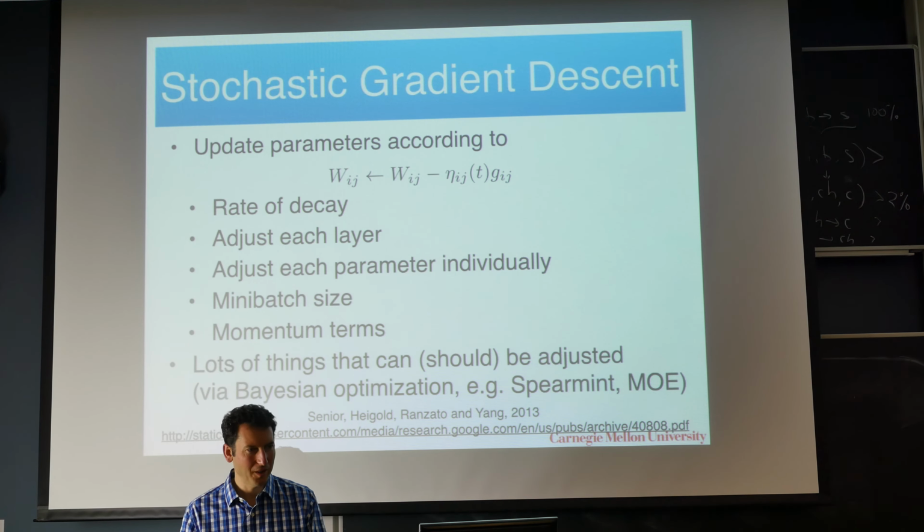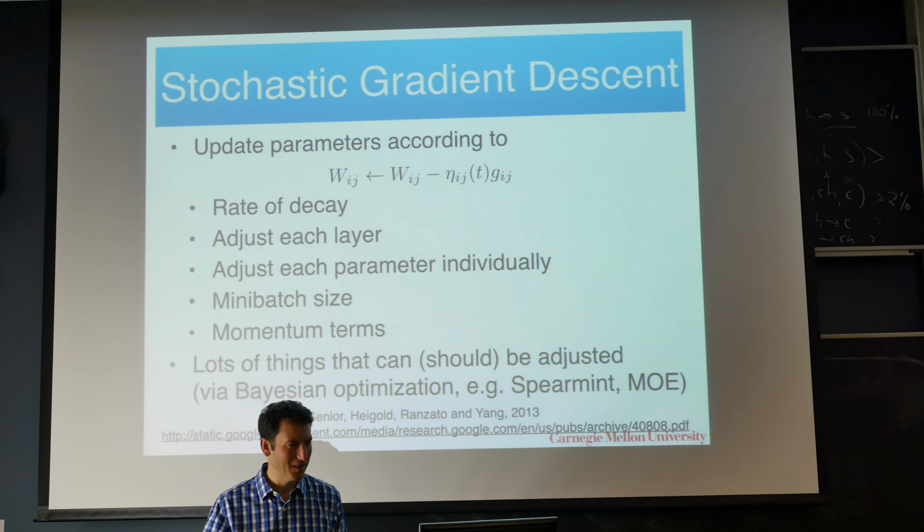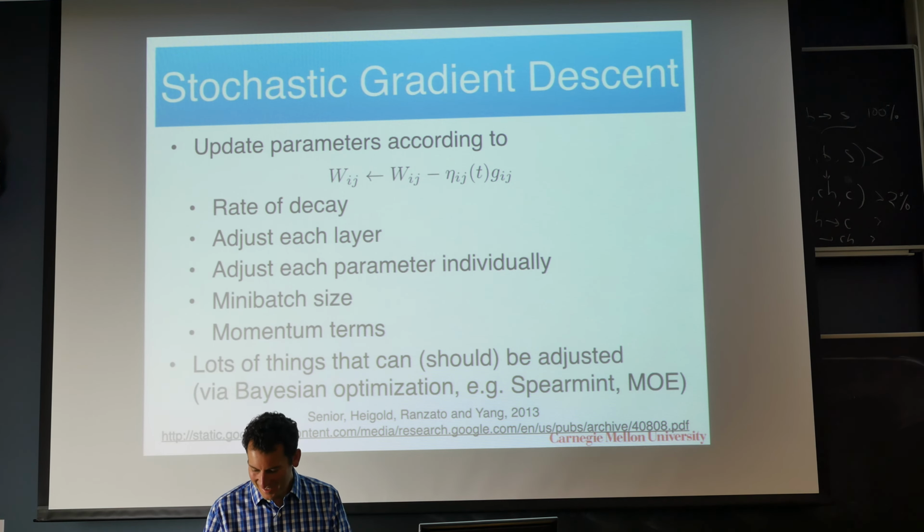It's gotten to the point where sometimes parameter adjustment itself is done by either Bayesian optimization or something else. So you get to this nice meta scenario where you have a deep learner using deep learning to train the deep learning training algorithm. Duh.